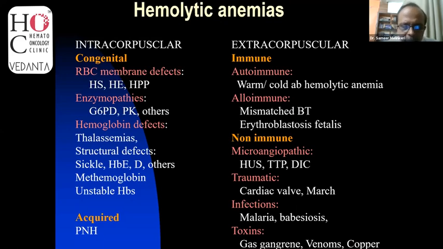You have traumatic hemolytic anemia, such as from a dysfunctional cardiac valve, or March hemoglobinuria, in which after a strenuous march the soldiers tend to have hemolysis when the blood is passing through their feet. Then infections such as malaria and babesiosis, and toxins: gas gangrene, snake venom, and copper. These are certain toxins which can cause hemolysis.